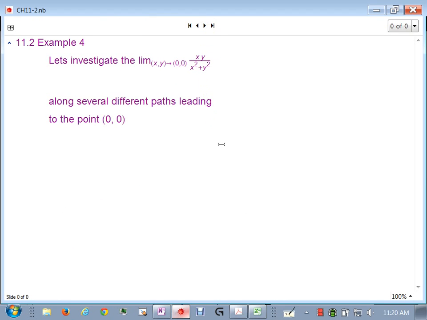Let's investigate the limit as (x, y) approaches (0, 0) of xy over x squared plus y squared. And we're going to do it using several paths. Here we go. I'm going to start algebraically, then I'll show you the pictures.